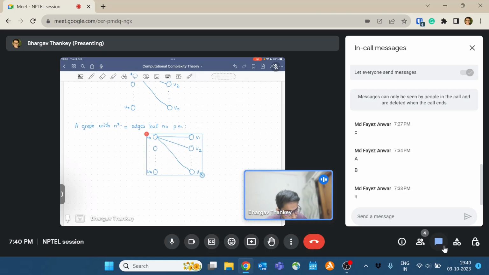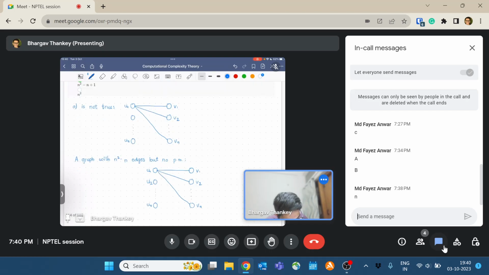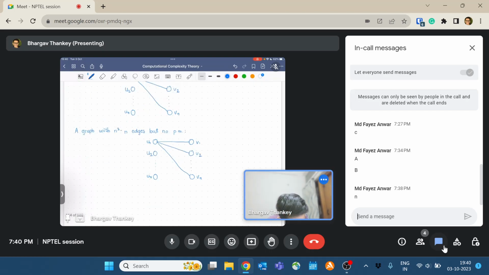Yeah, so now it's going to have all these edges as well. Okay, so the graph is this.